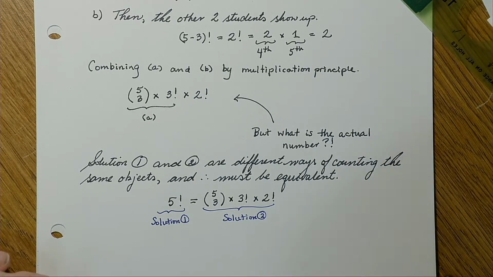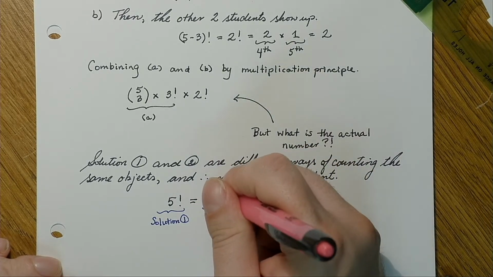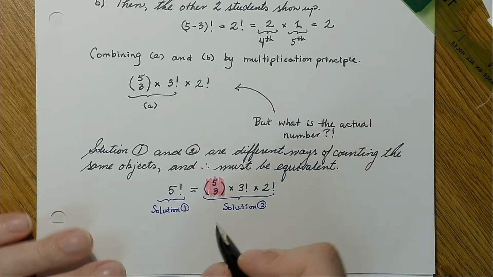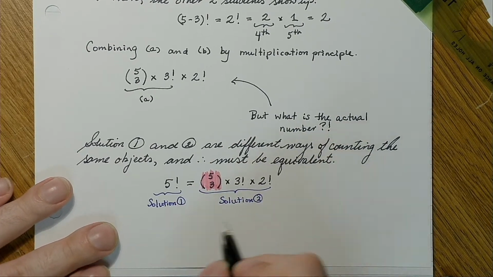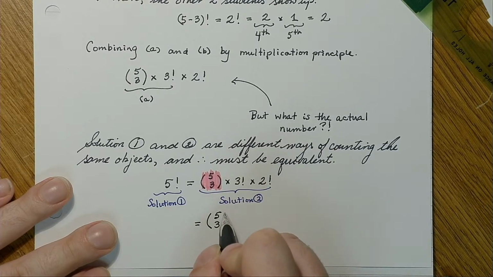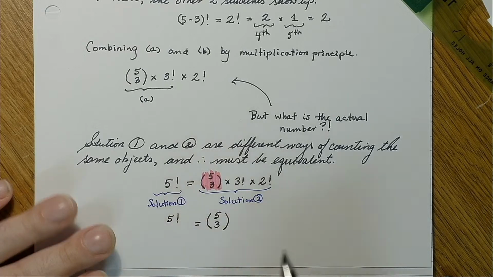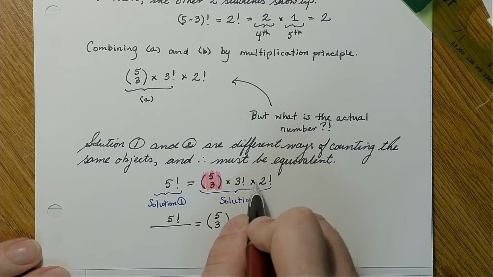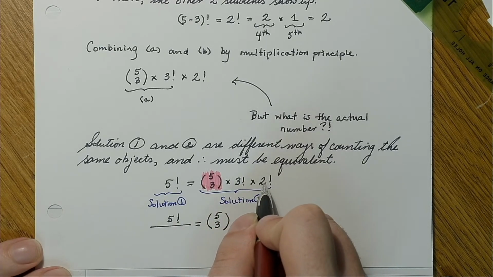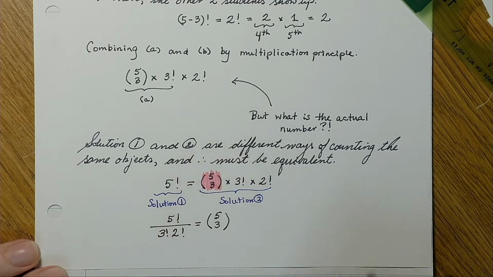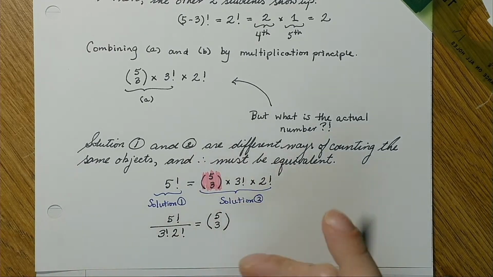And it's this term right here that we don't know. So I can solve for that. So I have 5 choose 3, and I have 5 factorial on the left-hand side. And I can bring over the 3 factorial times 2 factorial and divide by it. So I have 3 factorial divided by, and also 2 factorial. And that's it right there.